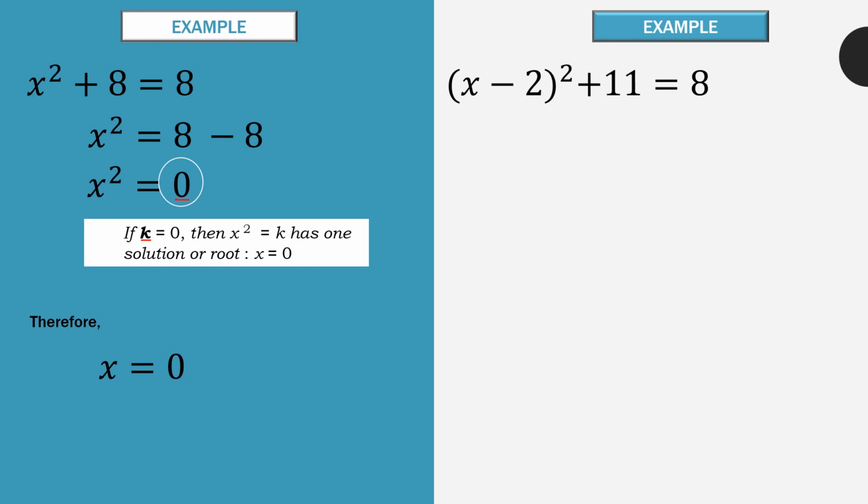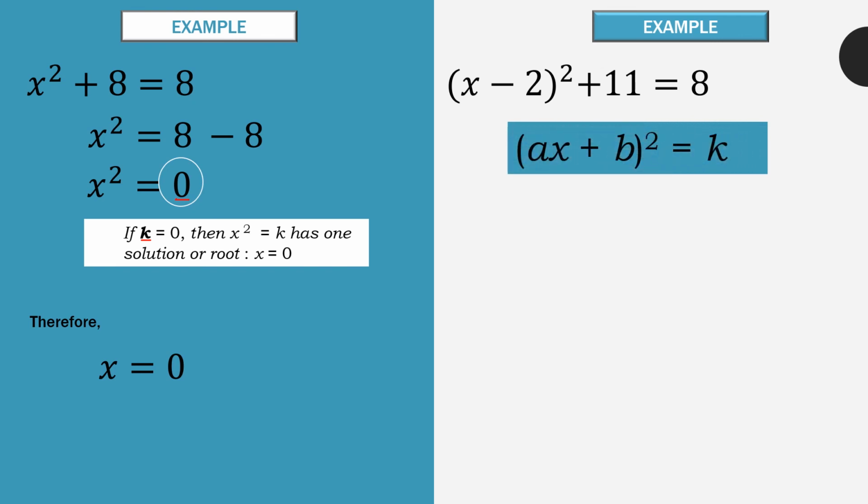Example, (x minus 2) squared plus 11 is equal to 8. Again, check. Is it the same form? No. Because there is 11 here. The x term should be the only one remaining on this side. So, we transpose this 11 to the other side, and that makes a new equation.